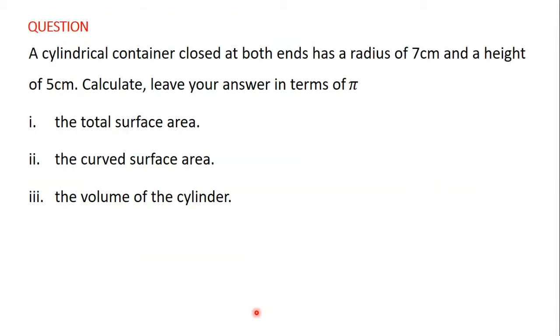The question we are considering is: a cylindrical container closed at both ends has a radius of 7 centimeters and a height of 5 centimeters. We are supposed to calculate the total surface area, curved surface area, and the volume of the cylinder, and we leave our answer in terms of pi.